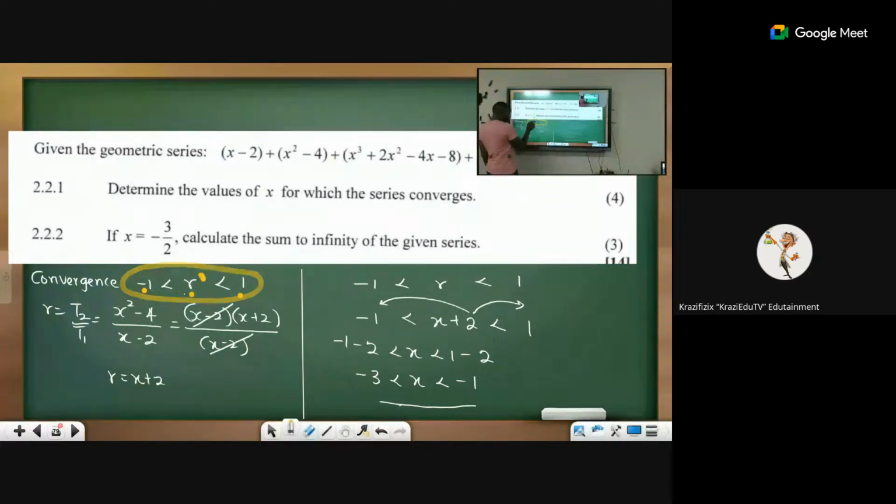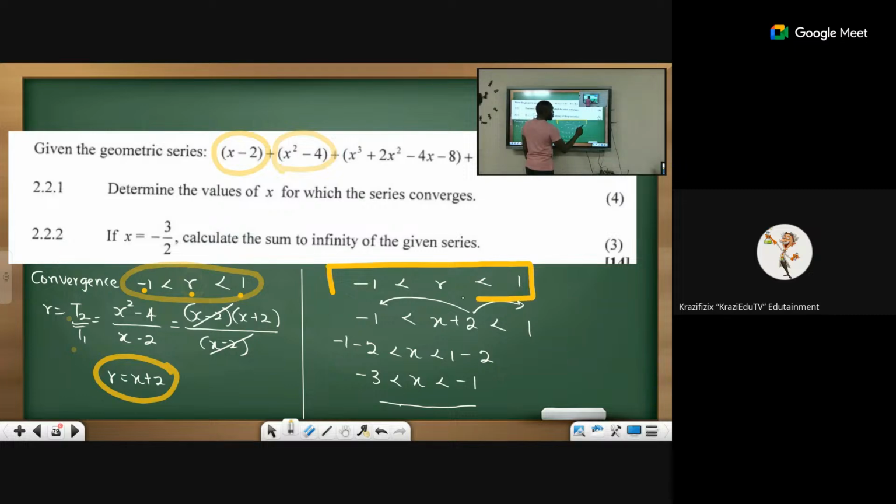But what is my R? T2 over T1. That's my T2 and that's my T1. So you have x minus 2, difference of 2 squares. Our R is x plus 2. So we go back to our rule. Anywhere we see R, we put what the expression of R is.